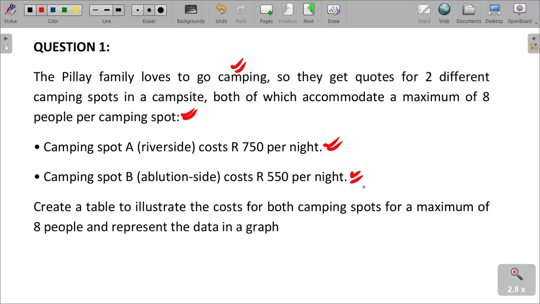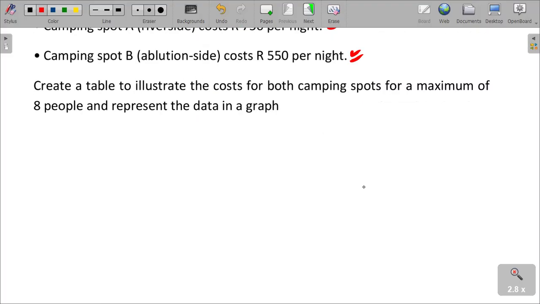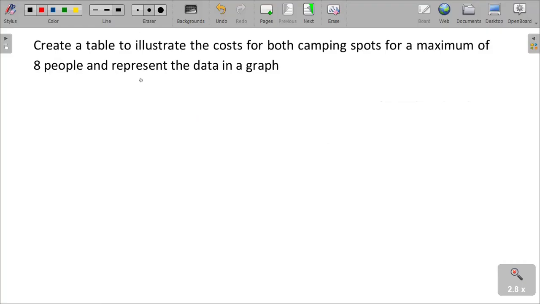We are supposed to create a table that illustrates the cost for both camping spots. So here our table must be drawn. Let's have this information first.